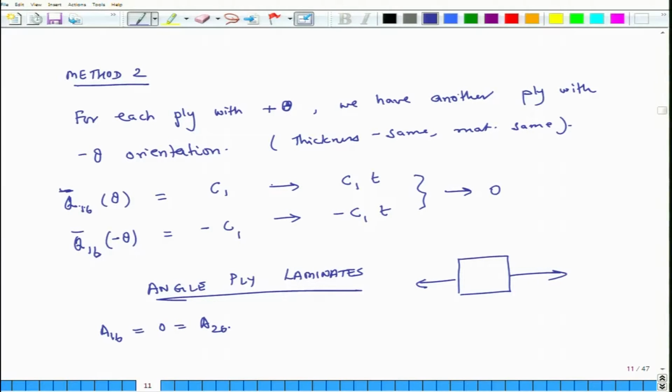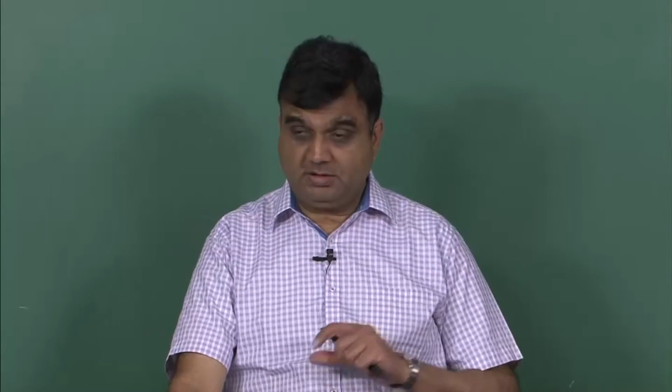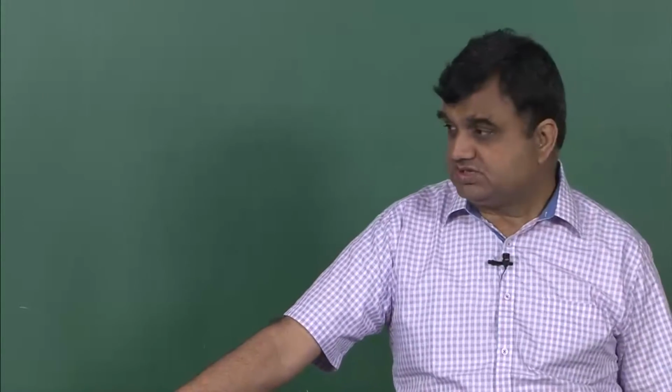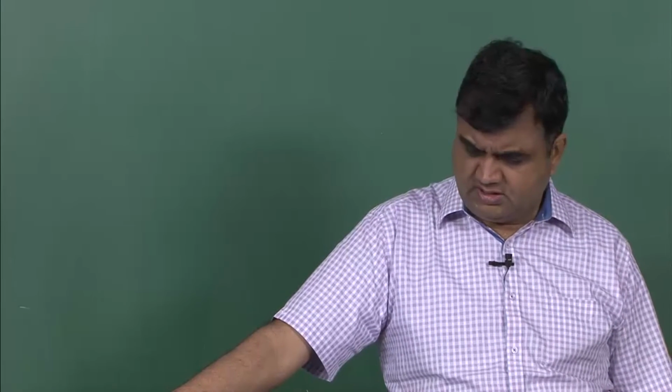So, if A16 equals A26 equals 0, then the entire laminate behaves as an orthotropic material. We are not talking about individual layers, but at the laminate level, the whole laminate behaves as an orthotropic material. Layers may do their own thing, but at the laminate level, the overall behavior is that of an orthotropic material.